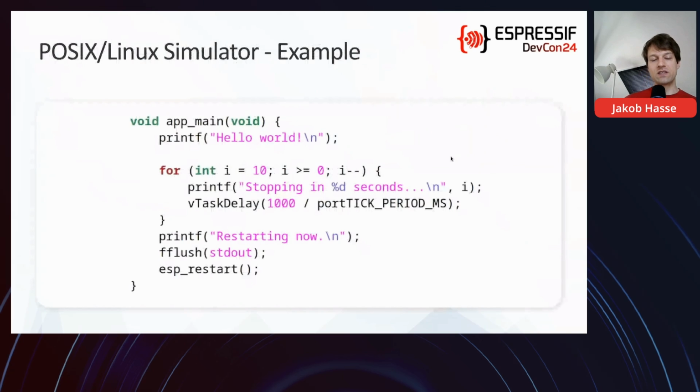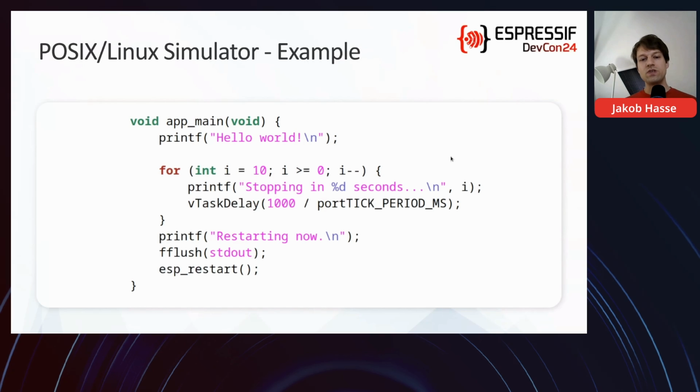Let's look at this example. It's a simple app main method. It will print hello world. It will print some kind of countdown afterwards, call vTaskDelay, the FreeRTOS API. And finally, it will call restart, basically. This code runs on both the Linux target as well as on ESP32 series chips.